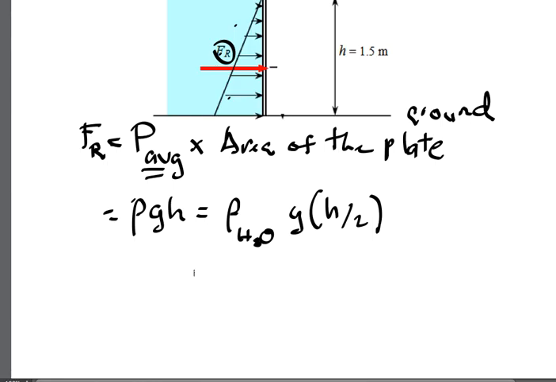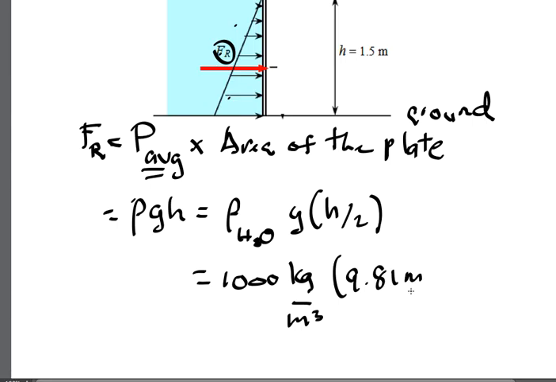So plugging in, you have 1000 kilogram per cubic meter times 9.81 meters per second square, and H is 1.5 over 2, and that's 0.75 meters.